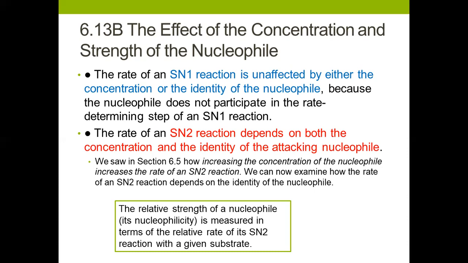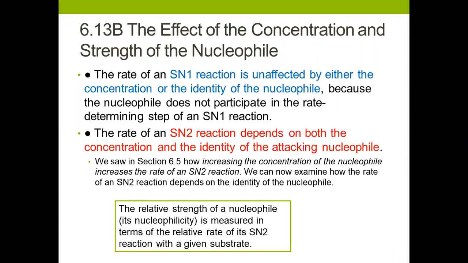So it is the step that overall determines the reaction, and in that step, we don't see any nucleophile. And so the overall reaction for an SN1 is only dependent on the concentration of the substrate. Regardless of whether the nucleophile concentration is high or low, or the identity of the nucleophile, it doesn't matter with an SN1 reaction.